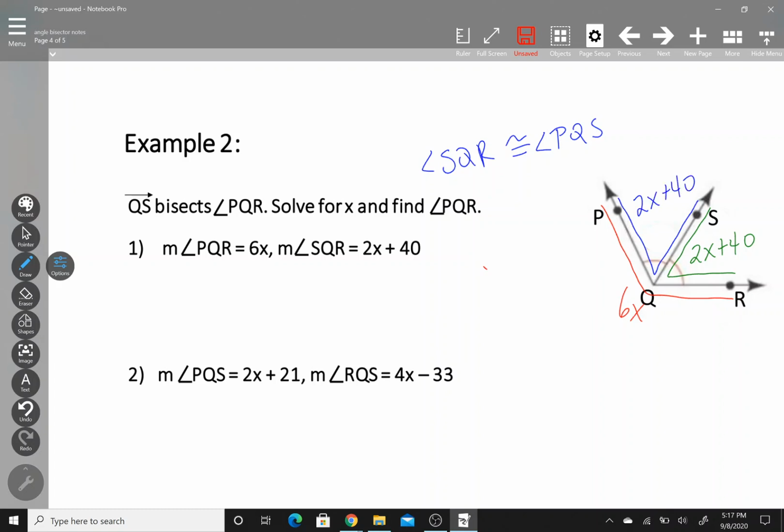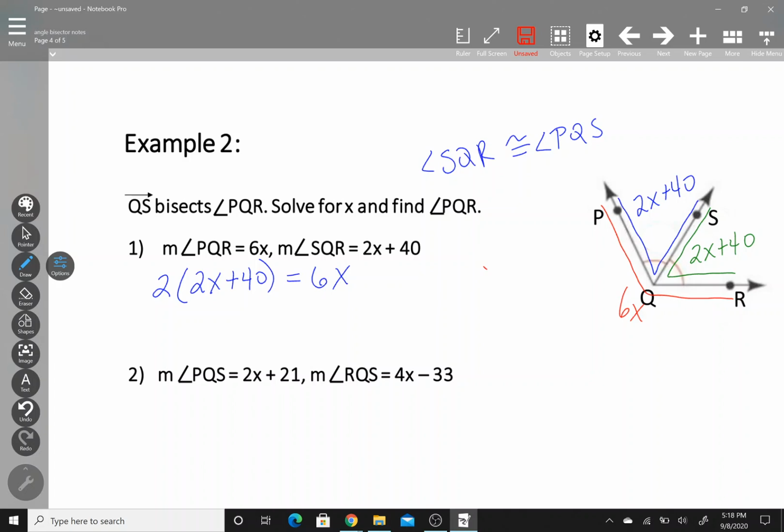I wrote 2x plus 40 twice. So I'm going to do 2 times 2x plus 40 is equal to 6x.